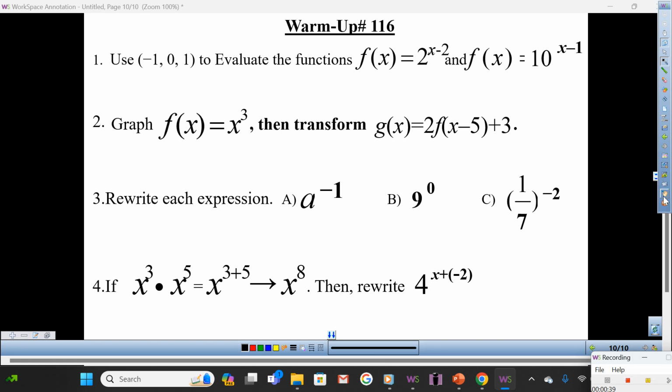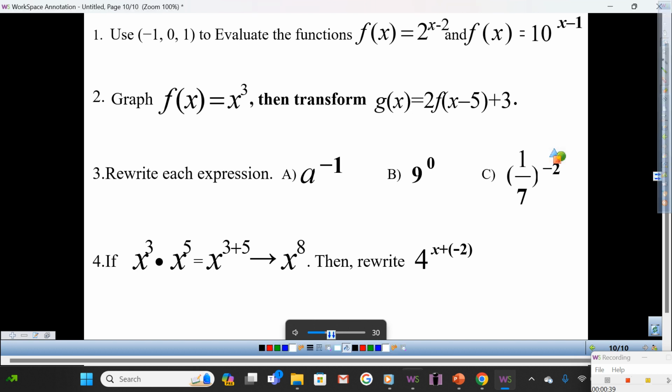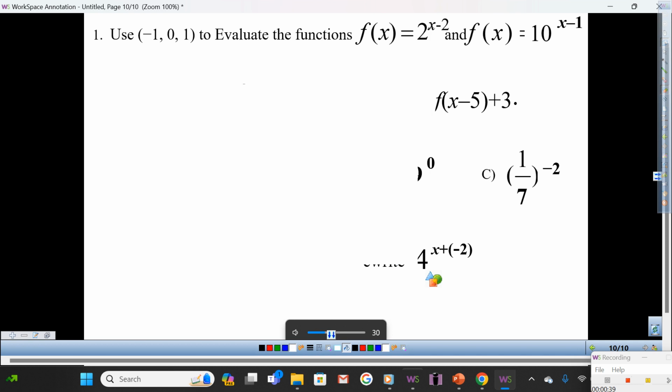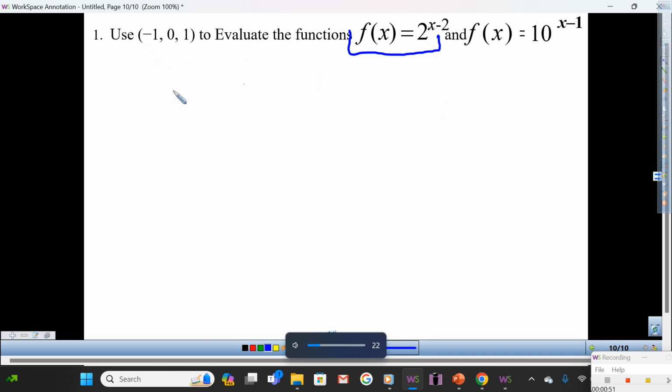All right, here we go. For the sake of time, I'm going to go over the first one. It says, use -1, 0, 1 to evaluate the functions. I'm going to start with this one. Look up to the screen. I'm going to evaluate according to these values for x.